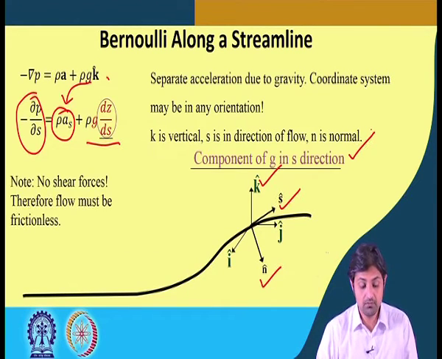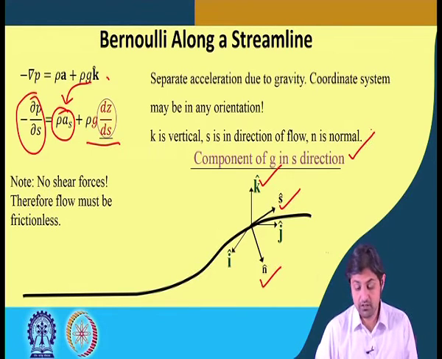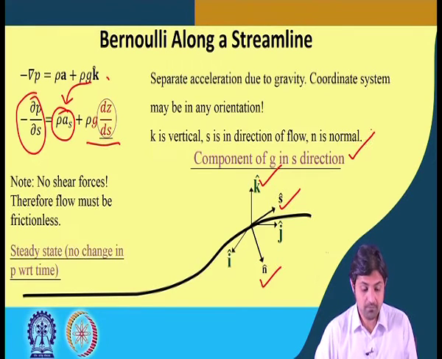Okay. So we have to note that there are no shear forces there, the flow must be frictionless. This is also a steady state, so there is no change in P with respect to time. P is pressure. Okay.